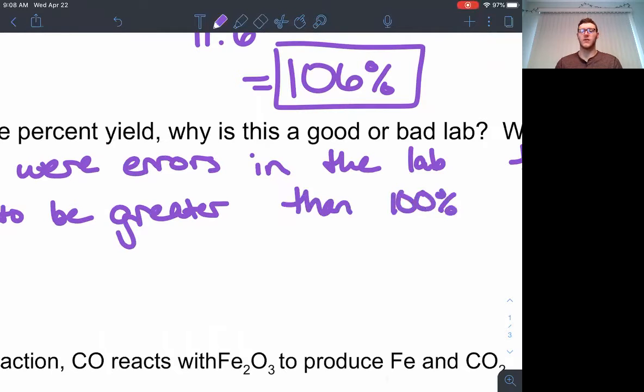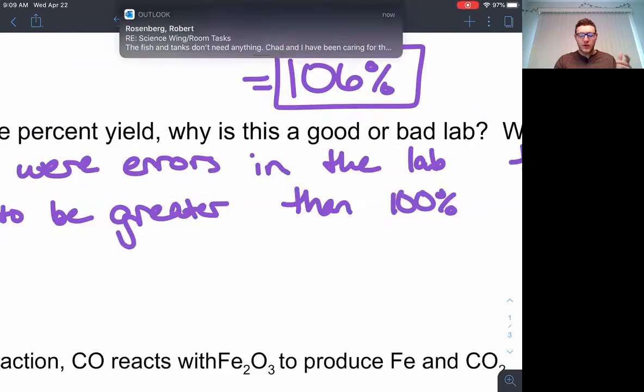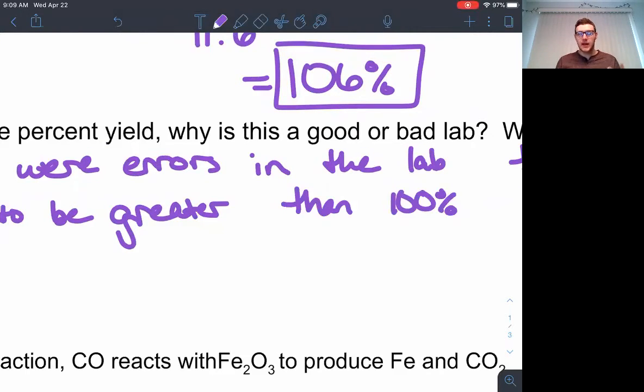So that doesn't mean it's a bad lab. It just means it's not perfect. We didn't do a perfect job. We actually made more than we could have, which means that we made mistakes. So it's not a bad lab, but it's not a great lab, okay?